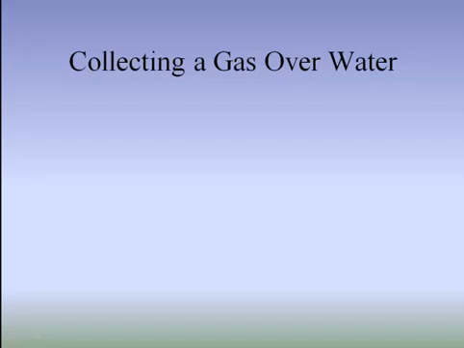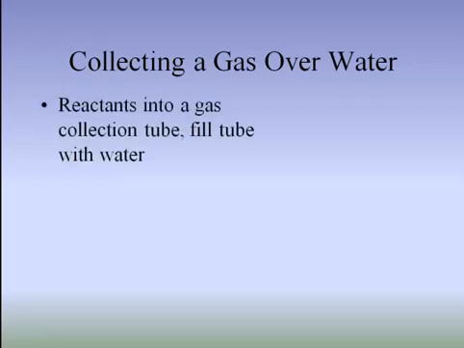A very important application of Dalton's law involves a lab technique for collecting a gas over water. We're going to do this lab in class, so make sure that this stuff makes sense. In this process, a set of reactants are placed in opposite ends of a gas collection tube, and the tube is filled with water.